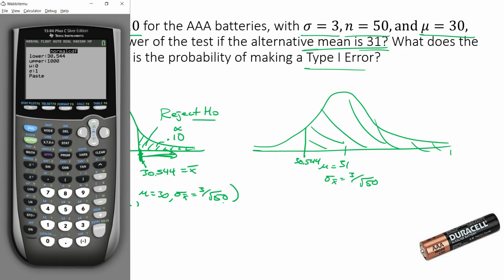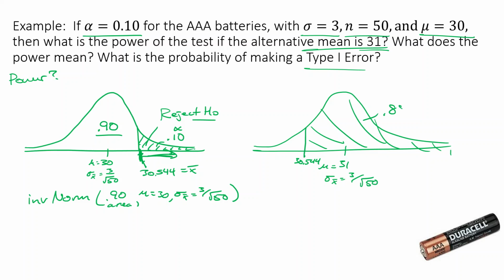Our mean here is actually 31. Our standard deviation for our sampling distribution is 3 divided by the square root of 50 still. And let's see what that gives us. 0.8587. And that is the power of the test.